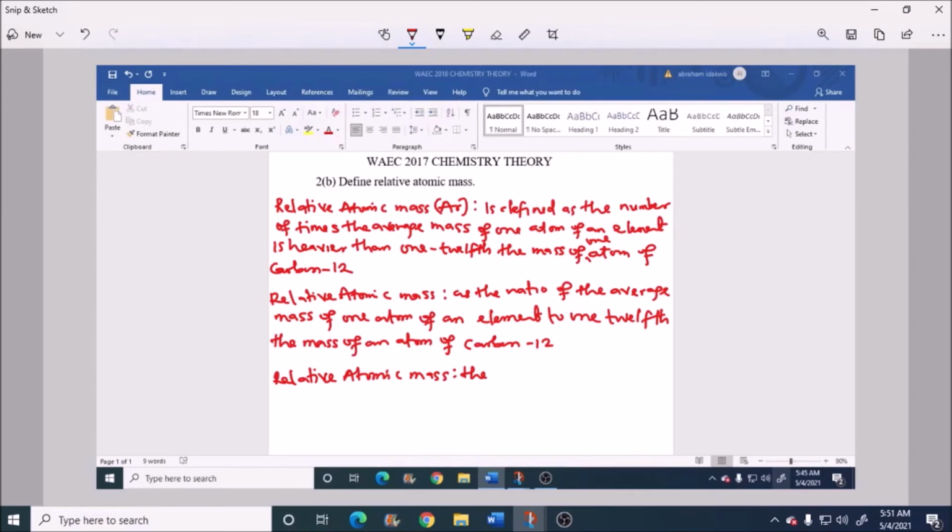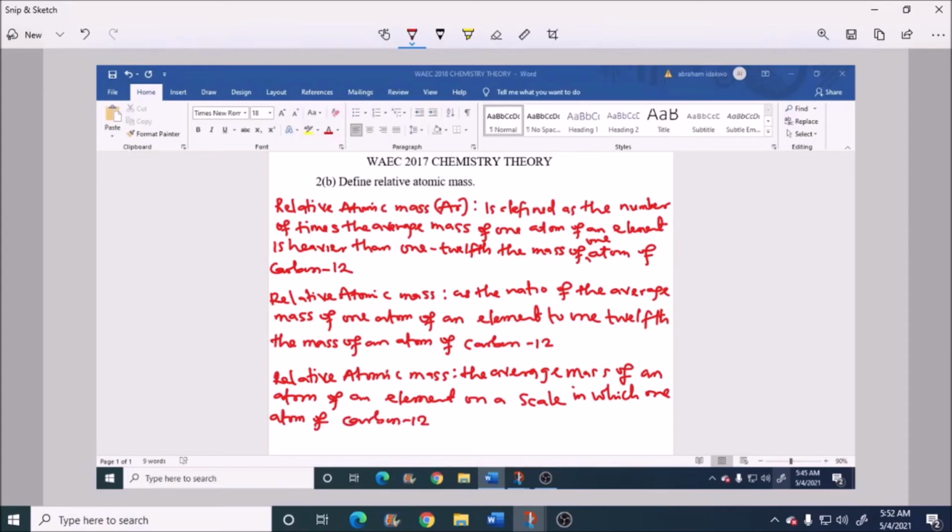So relative atomic mass is the average mass of an atom of an element on a scale in which one atom of carbon 12 weighs 12 mU.